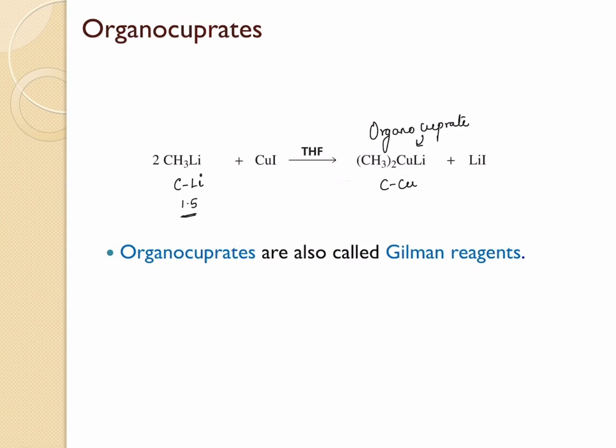But here it would be 2.5 for carbon and 1.8 for copper, so it is 0.7. So the carbon-lithium bond is more polar and more reactive, and the carbon-copper bond is less polar and less reactive, and therefore this reaction is possible. When you react an organolithium compound with cuprous iodide, you get the organocuprate. Organocuprates are also called Gilman reagents.